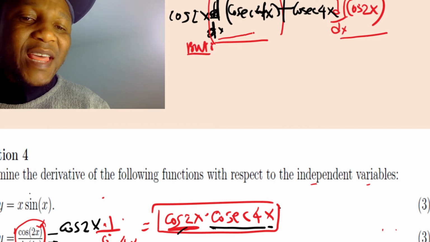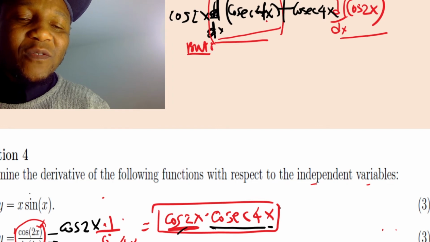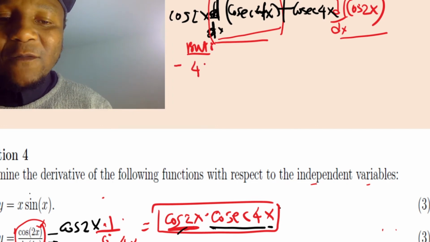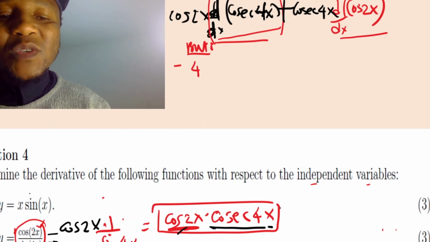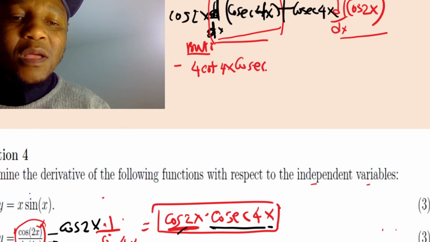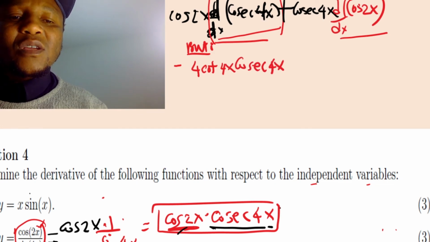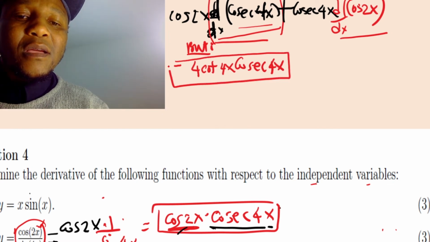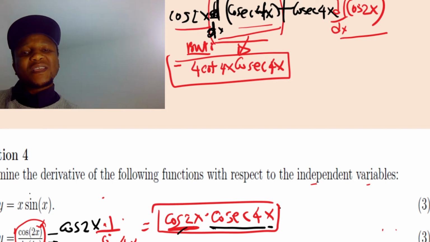When you differentiate it, the derivative of your function 4x gives you 4, but it must be negative, and then cot 4x and cosec 4x. That's how you differentiate that. You get this, but you must multiply by cos of 2x. You understand what I'm saying?